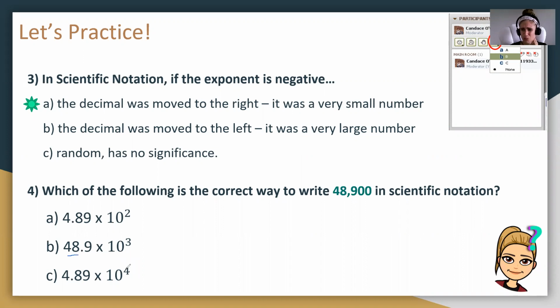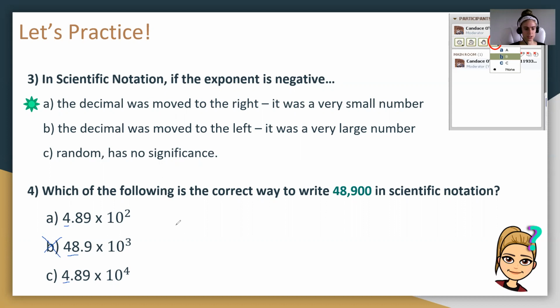Does 48 fall between 1 and 9? No. So that means B is definitely not the right answer. But I have to look at A. Yes, 4 is between 1 and 9. Looks good. And then just a 4 again in C. That looks good. So my answer choices have been narrowed down to A and C.